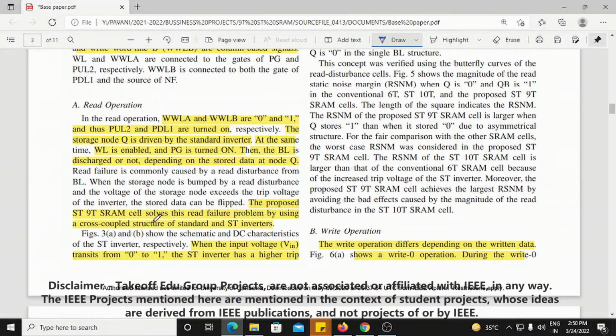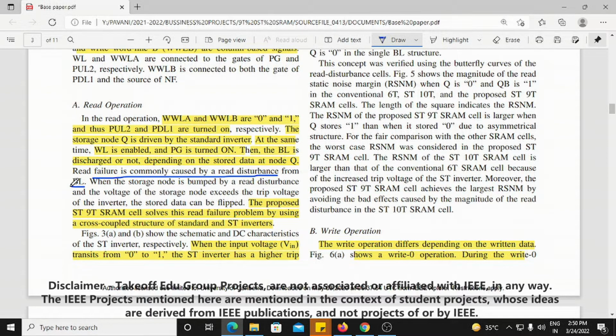The proposed ST90 SRAM cell solves the read failure. So what is the read failure we are facing here? Read failure is caused by a read disturbance from the BL. Similarly, with a double-ended structure of the BL, at that instance read failure commonly appears.